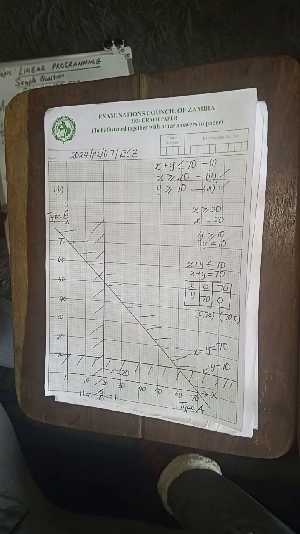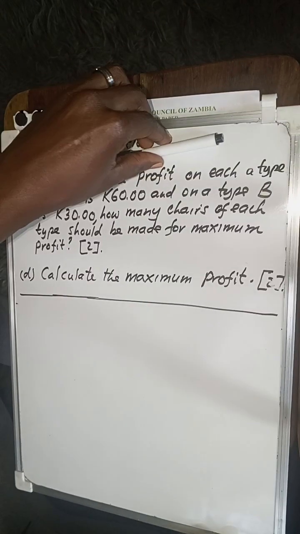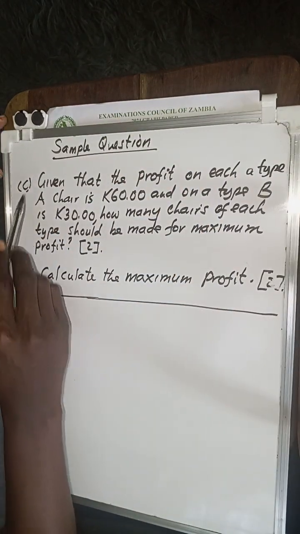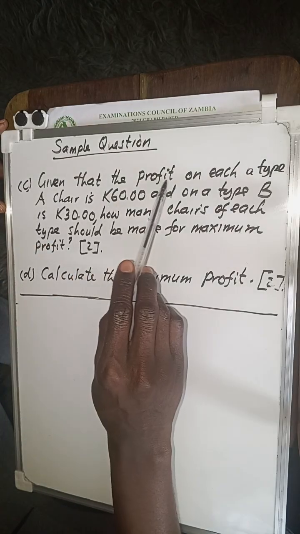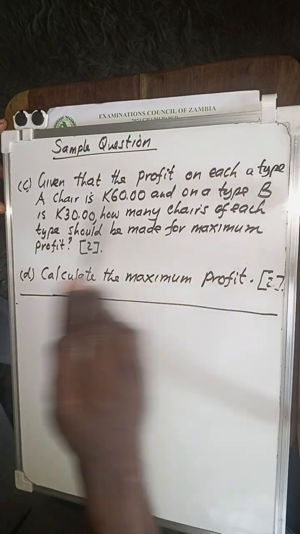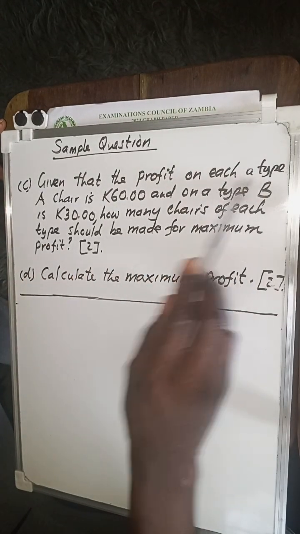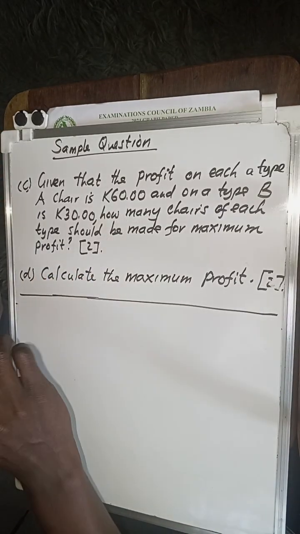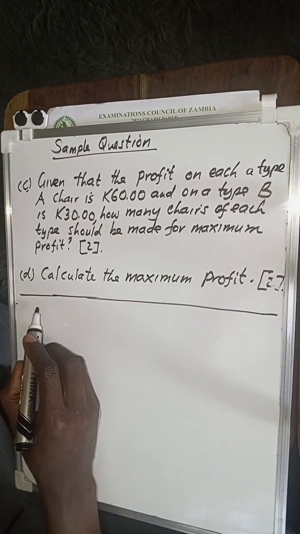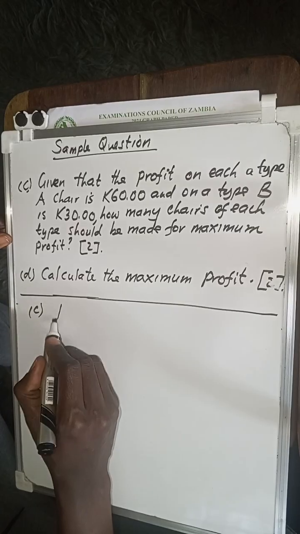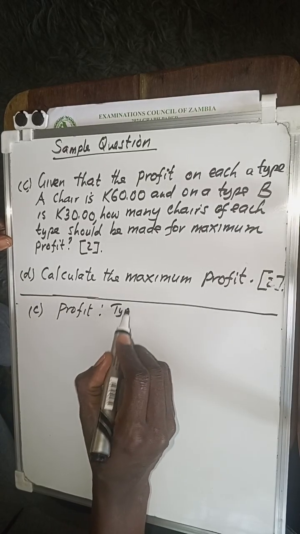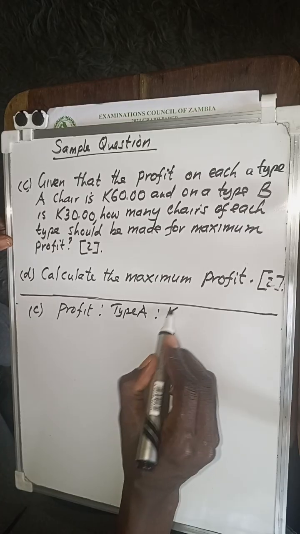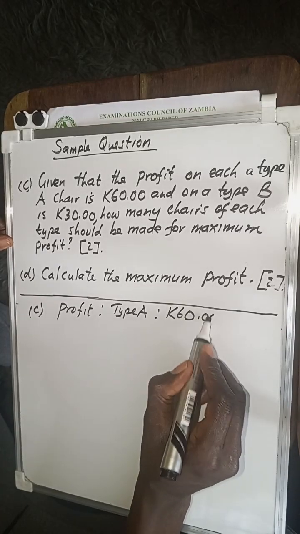Now in the next question, that is the C part, I want you to see what the question continues. Like I told you, the C part now says, given that the profit on each type A here is 60 kwacha. So now they are telling us, for the C part, that the profit they are getting, if it comes to type A, is simply 60 kwacha.